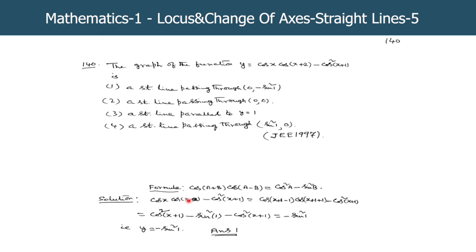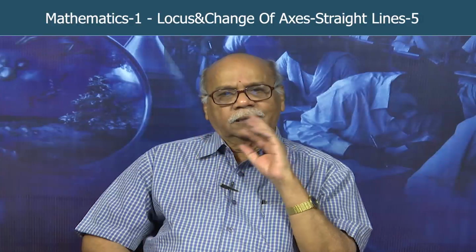Now you know that cos A plus B into cos A minus B is always cos square A minus sin square B, or cos square B minus sin square A. That is a fundamental trigonometry property, because cos A plus B is cos A cos B minus sin A sin B, and cos A minus B is cos A cos B plus sin A sin B. So x plus y into x minus y is x square minus y square.